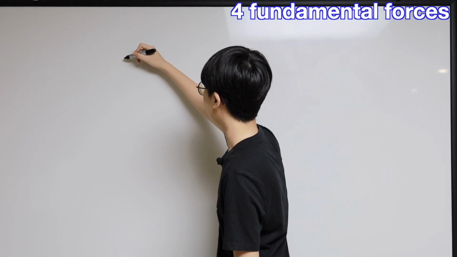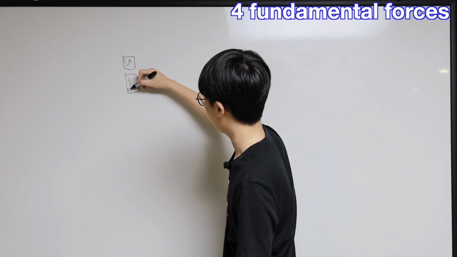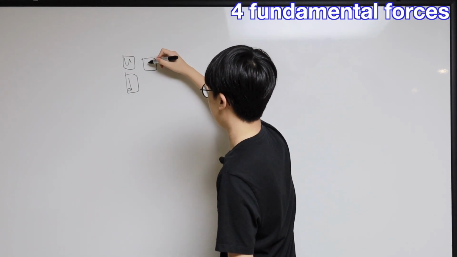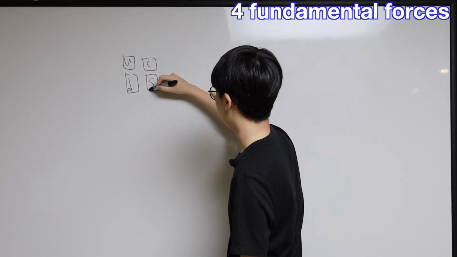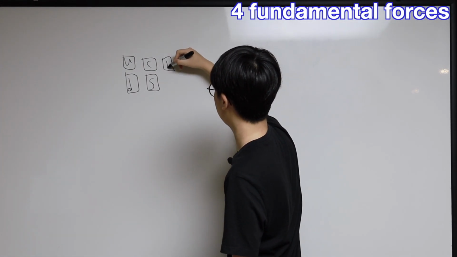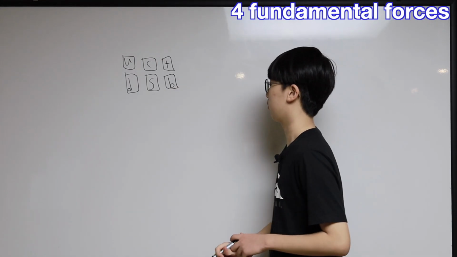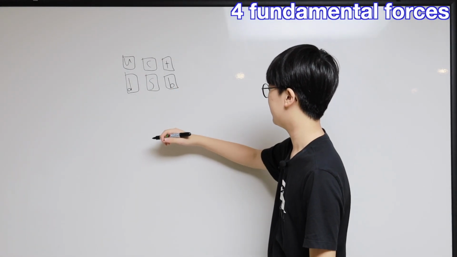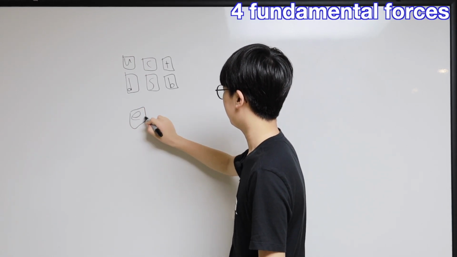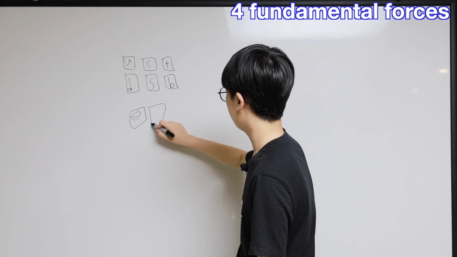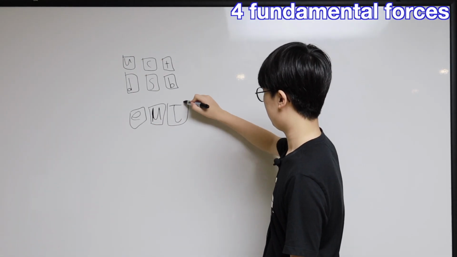Well, firstly there's some quarks: up quark, down quark, and I think it's a charm quark, strange quark, and then top quark, bottom quark. These are the quarks, and underneath it there's some electrons, muons, and tau.